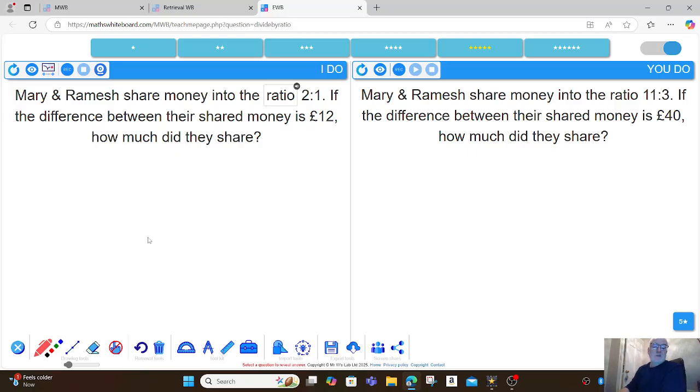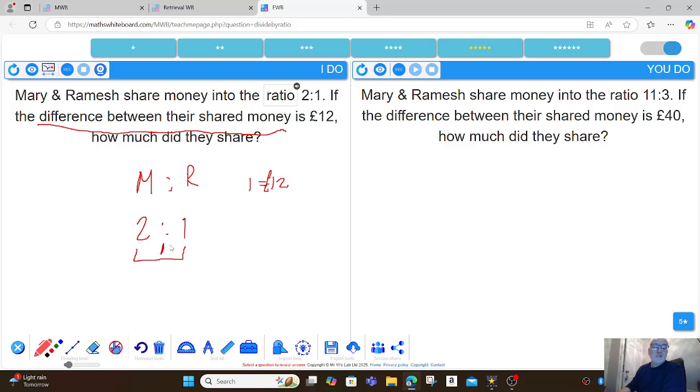So on this one, we know that it's Mary to Ramesh in the ratio of 2 to 1. This time, the difference between their shared money, so we want to find the difference between that. So 2 take away 1 gives me 1 part. Okay, and 1 part equals £12.